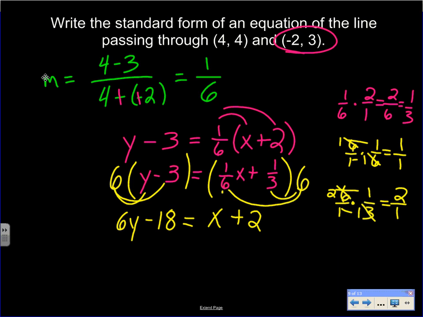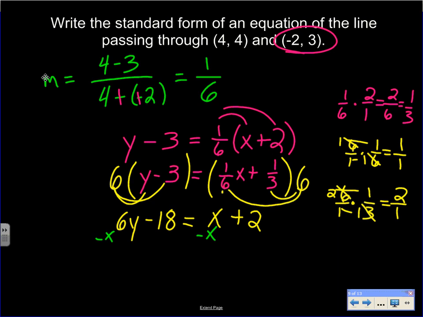Now we're trying to get ax plus by on the same side of the equal sign. Y is on the left, x is on the right. So let's go ahead and subtract x from both sides. I'm looking here.